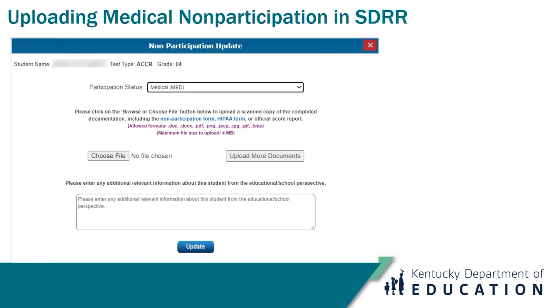And then also, when you're filling out these non-participations, always use this additional box below to add additional information about the student, from the educator's and the school's perspective, about what happened to that student while they needed this particular non-participation, and then click update.